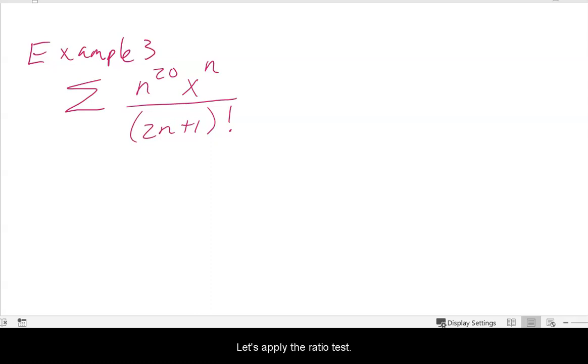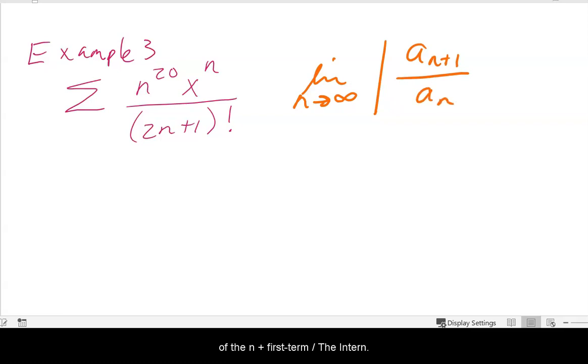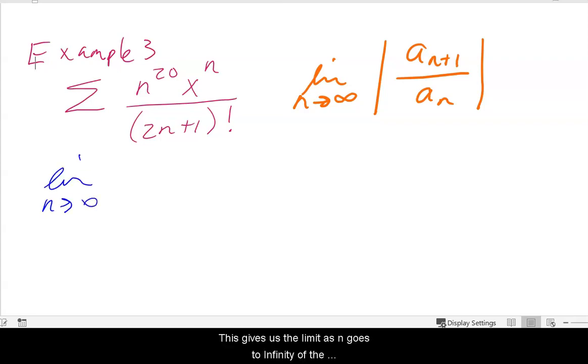Let's apply the ratio test. Remember that the ratio test takes the limit as n goes to infinity of the absolute value of the n plus first term divided by the nth term. Let's apply that to our particular sum. This gives us the limit as n goes to infinity of the absolute value.